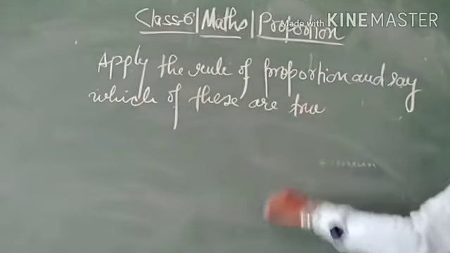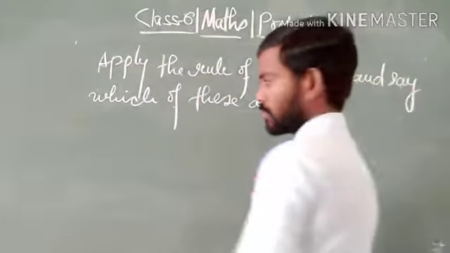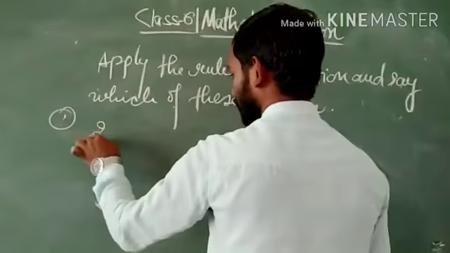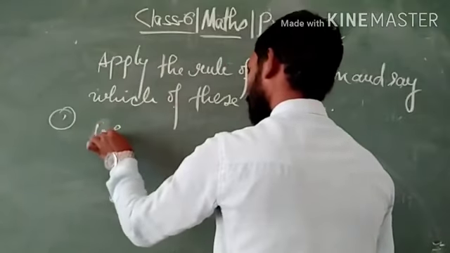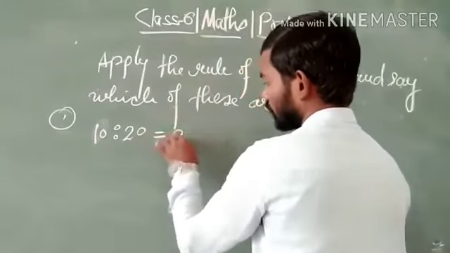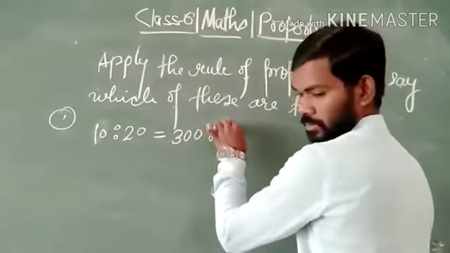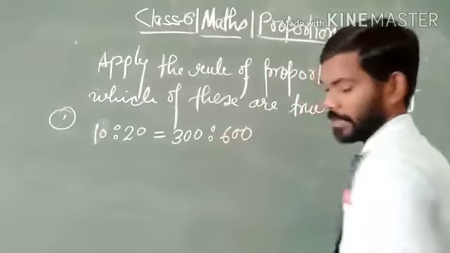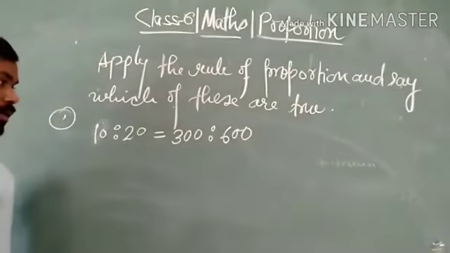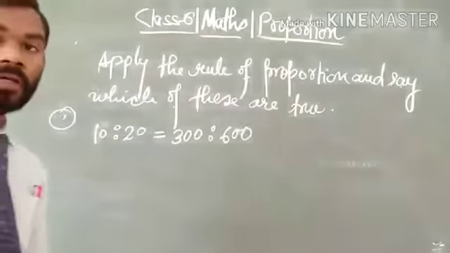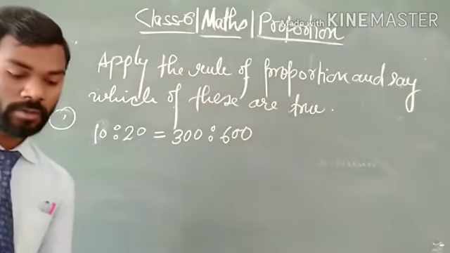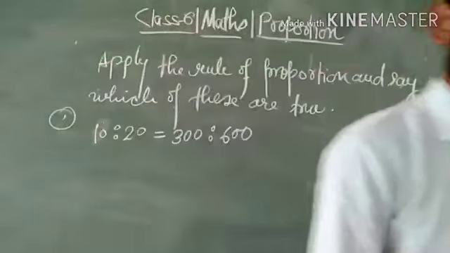So here the first question is 10 ratio 20 is equal to 300 ratio 600. We have to apply the concept of proportion in order to check whether the given ratios are in proportion or not. Okay, so let us see how we do this.